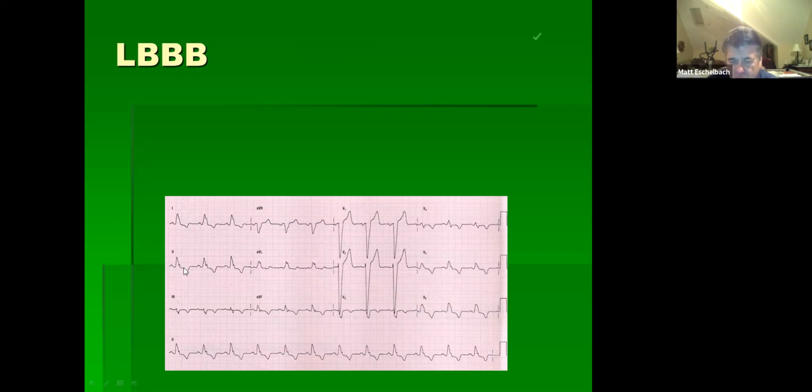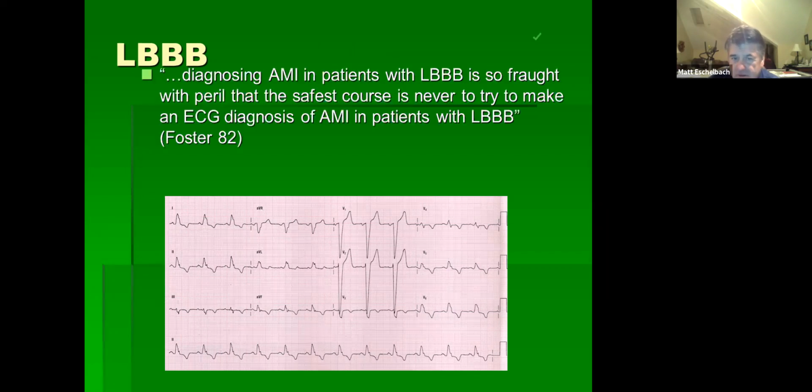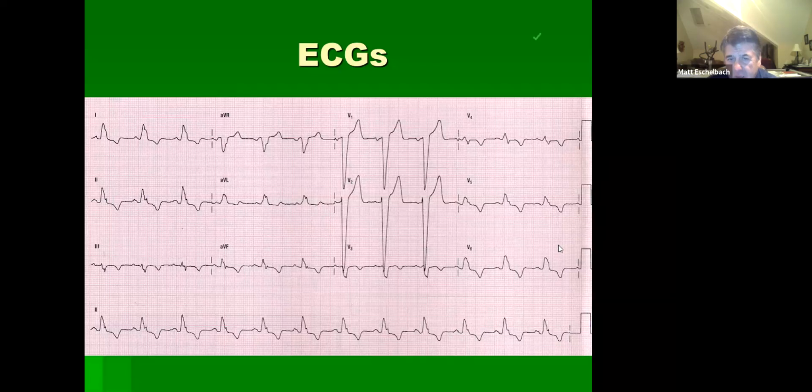And then when your eyes go, let's go one back, because it's a little bit bigger. You see a little bit of interventricular conduction delay. Remember what's happening in a bundle branch block is you've got to follow my pointer. Here's your sinoatrial node to your atrioventricular node.